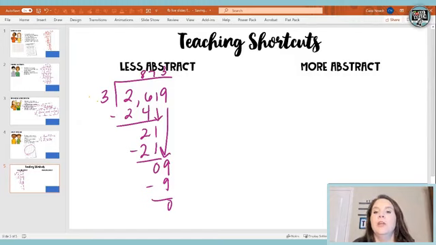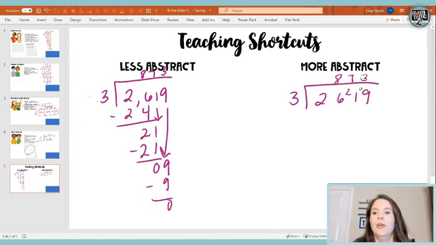And now over here, I'm going to do the same problem, but I'm going to use short division. So 3 goes into 26, 8 times, remainder 2. 3 goes into 21, 7 times, remainder 0. 3 goes into 9, 3 times, remainder 0. Okay, so I got the same answer.